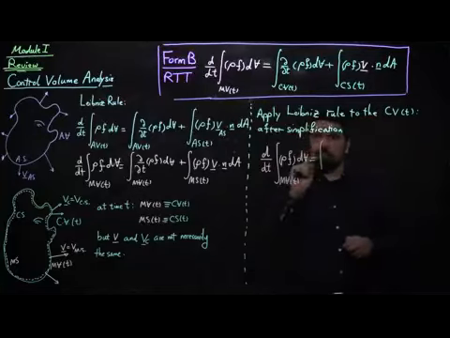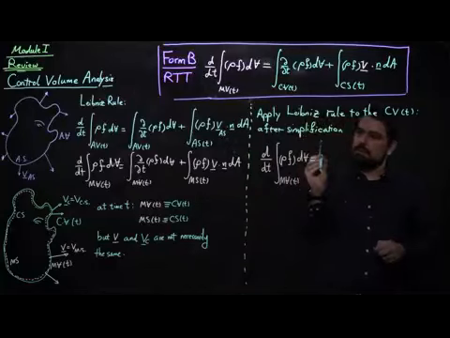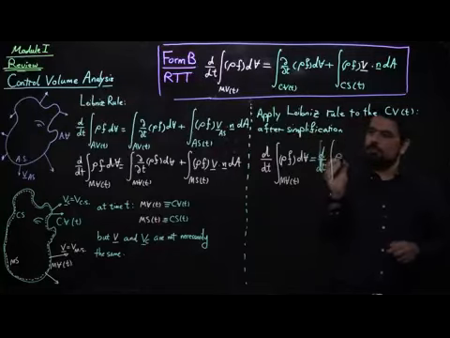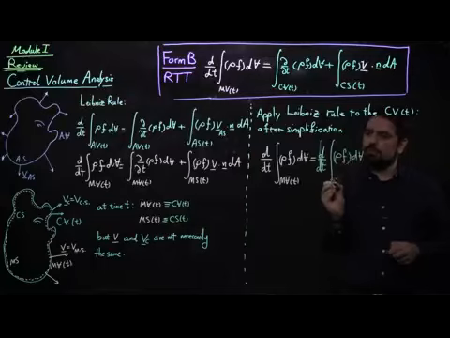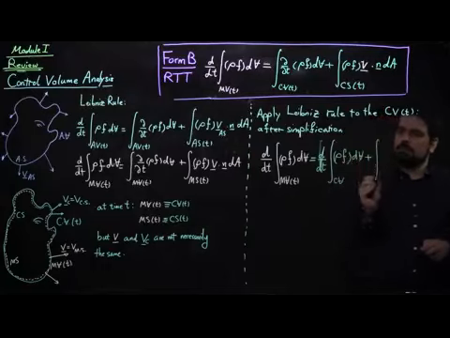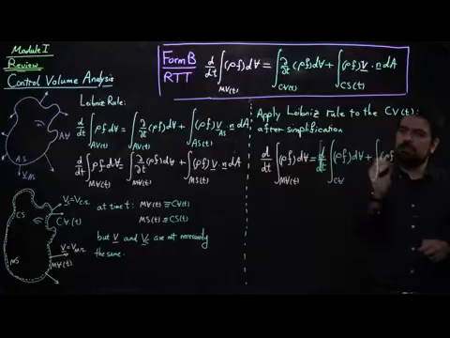Now, here what we can do is we can keep the d over dt outside the integral. And here we have rho f integrated over the entire volume of the contour volume plus the other term, which would be rho f.